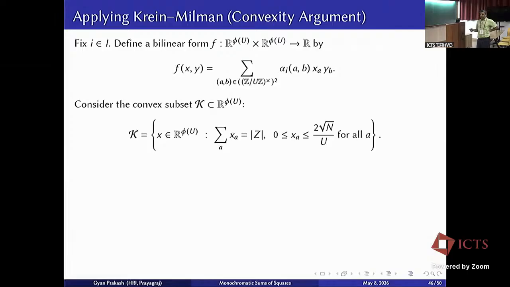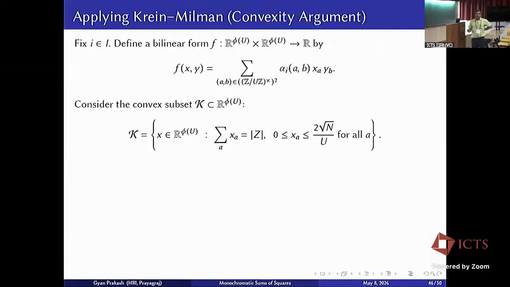And the maximum of a bilinear form inside a convex subset, using the Krein-Milman theorem, will be achieved at the extreme points. Now, what is the advantage? As Balasubramanian was saying, you have extended the subset, so this bound may be a little too big, probably.